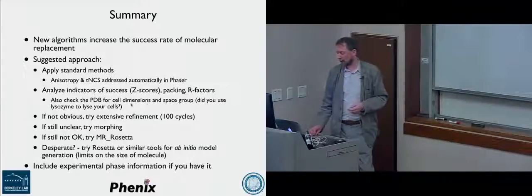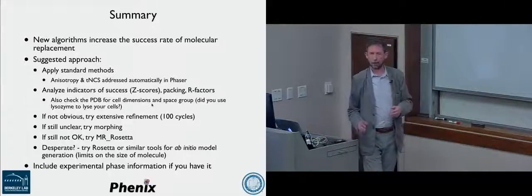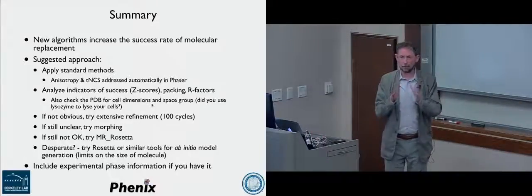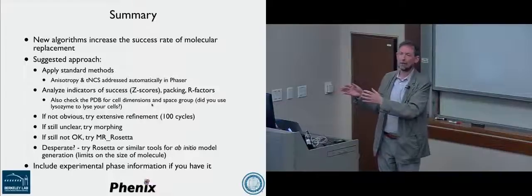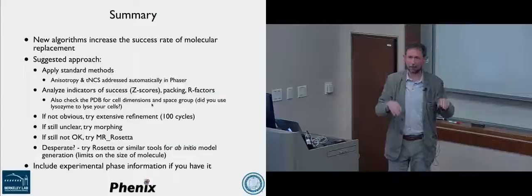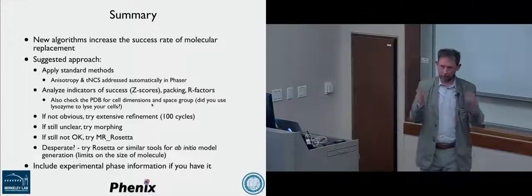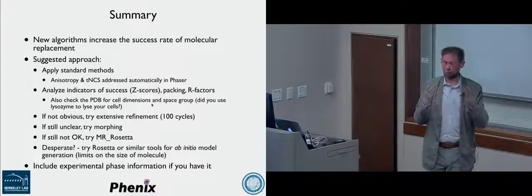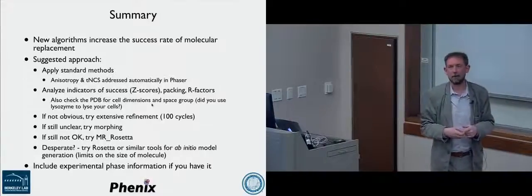As a side note, it's always good to take your cell dimensions and symmetry and check it against the PDB. There's a little tool in Phenix that does that. Just give it your MTZ file or type in the unit cell dimensions, and it'll come back and tell you if there's anything in the PDB that looks like it's got similar cell dimensions.